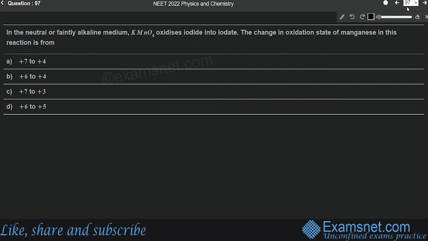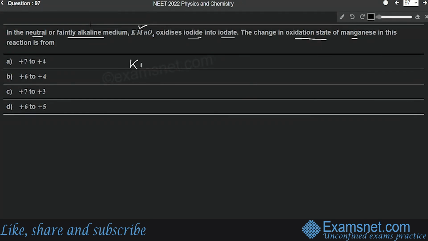Question number 97 is from the d and f block elements, and the question is: in the neutral or faintly alkaline medium, potassium permanganate oxidizes iodide to iodate. So we have to determine the change in oxidation state of manganese in this reaction. Let's write the chemical reaction for this.